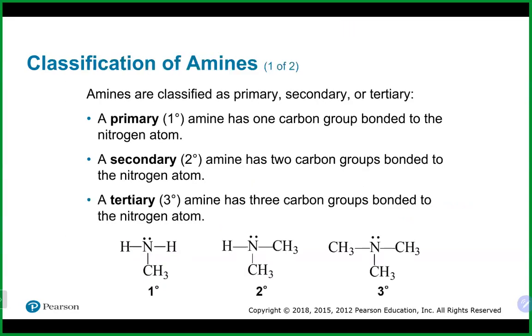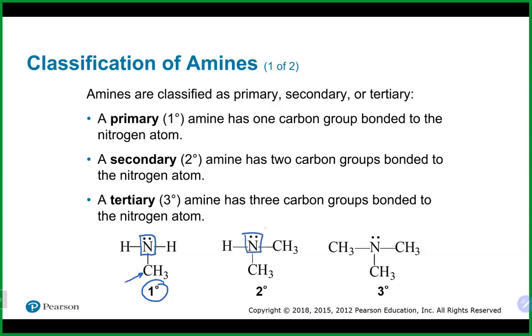Now, we can classify amines just like we classify carbons and alcohols as primary, secondary, tertiary. The difference here is instead of looking at the carbon that's attached, we actually look at the nitrogen and how many carbon groups are directly attached to the nitrogen. So this obviously here has one carbon group attached directly to the nitrogen, makes it a primary amine.